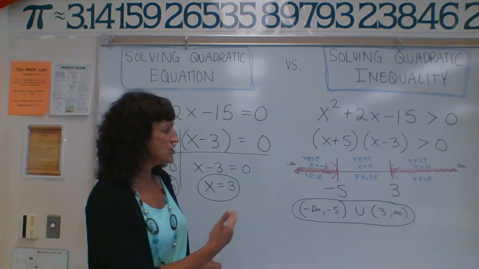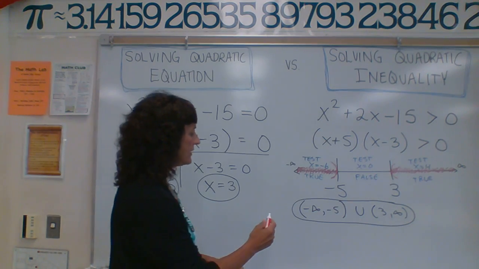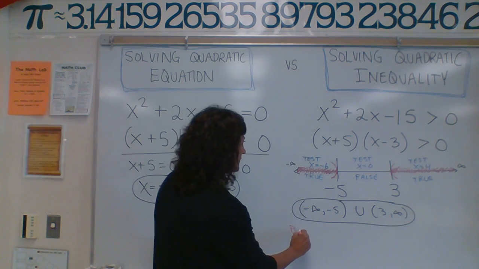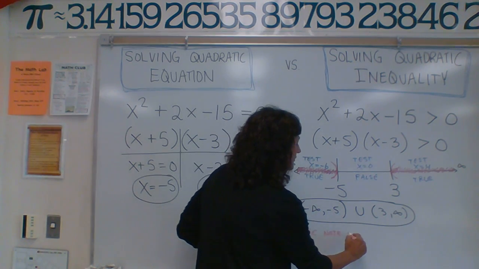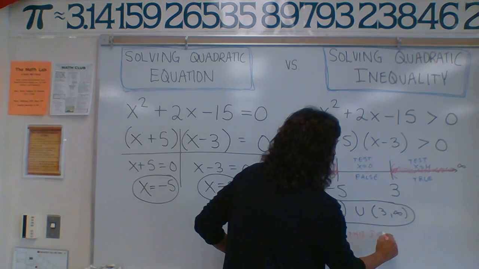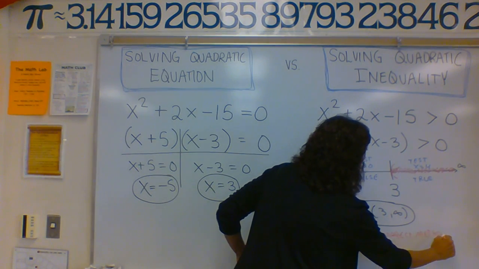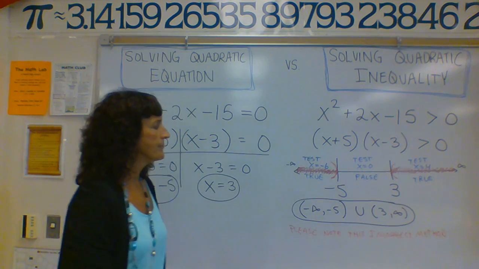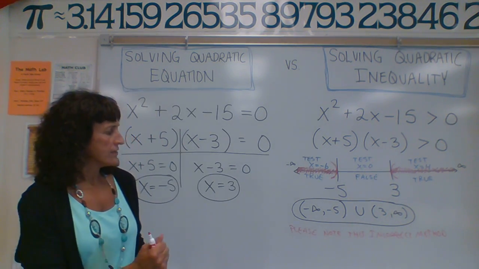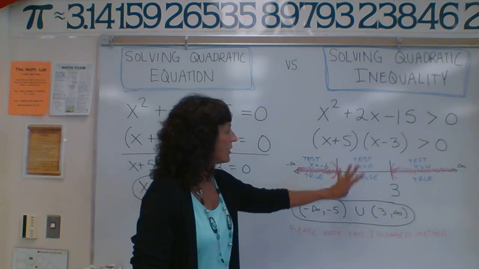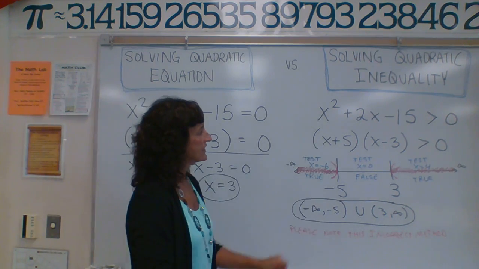I would like to make a note on this. I would like to note this incorrect method, okay, and the incorrect method that I've seen sometimes happen in the thought process of some of my students, the incorrect method is when you take the process to solve a quadratic equation and use it to solve a quadratic inequality.